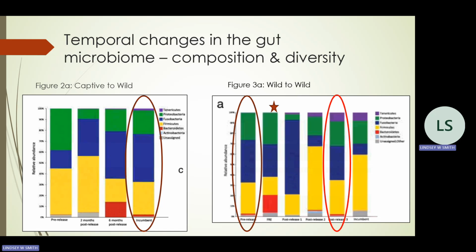Not sure. And then in regards to the wild-to-wild gut phyla, some similar phyla were represented with a return to higher diversity noted in that post-release 3 sample collection taking place 55 to 56 weeks after translocation. So you'll notice there are still differences, but it's getting back to the wild populations.